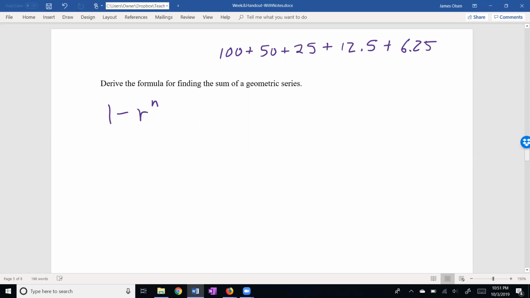Now, ultimately, what we want is the answer to this: a1 plus a1r plus a1r squared plus and so on up through a1r to the n minus 1. This is what we want. So we're going to be building that.